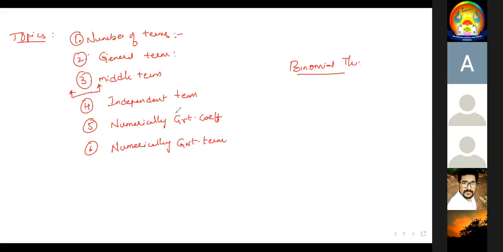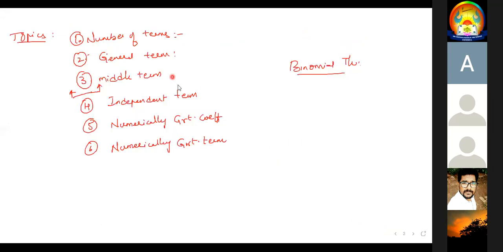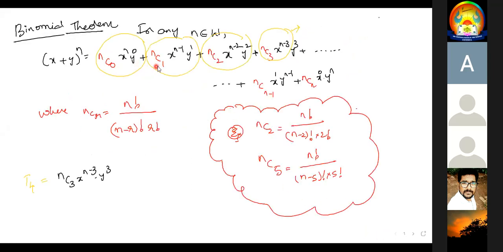Number of terms means if you take any expansion, if the power is n, there will be n plus 1 number of terms. First one. Next, general term. Whenever you are talking about the general term, in this expansion, I'm asking what is the fourth term.